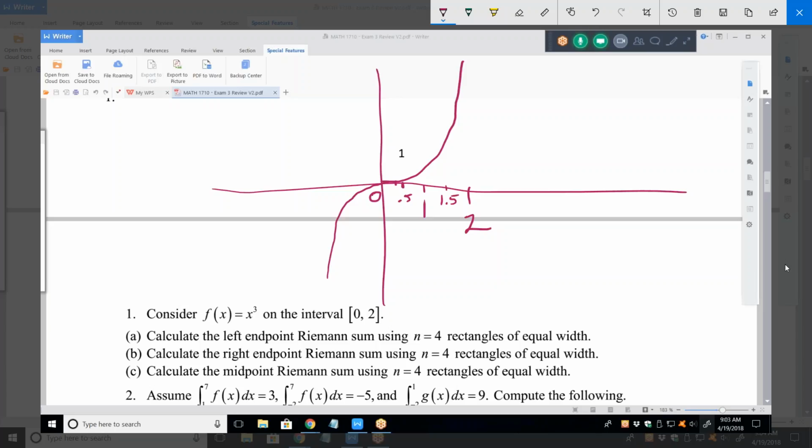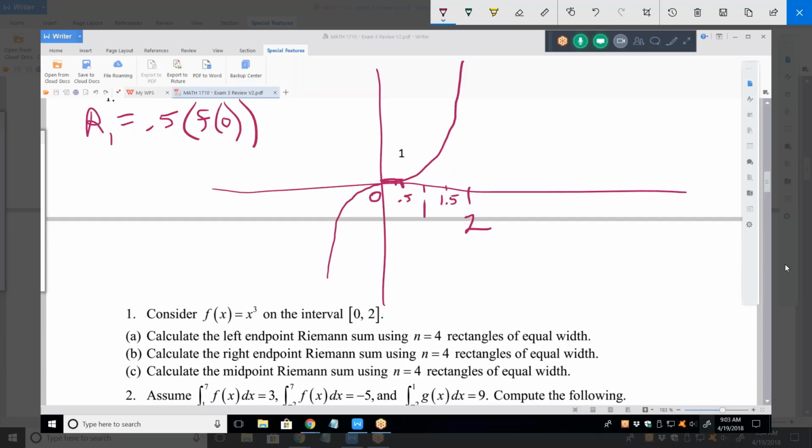Now, this rectangle right there, we'll call it rectangle 1, just for reference purposes. Tell me what the height of that rectangle is. At the left endpoint, it would be 0. In other words, rectangle 1's area equals its width, 0.5, times f of 0, the left-hand endpoint.